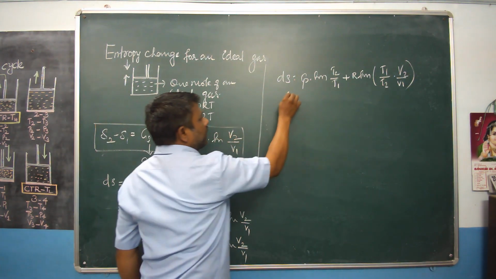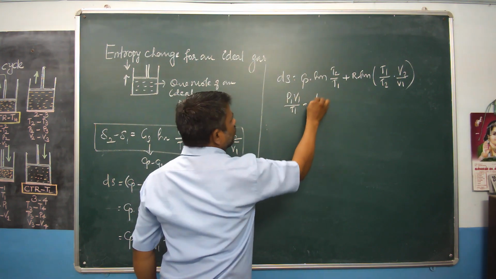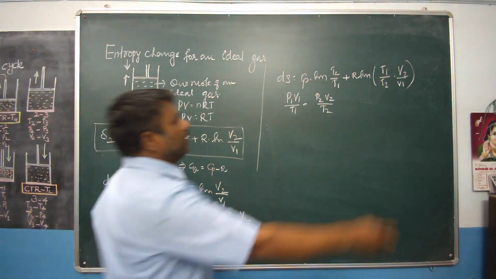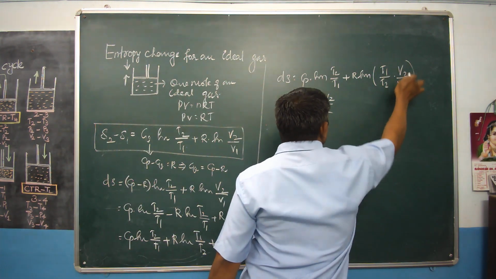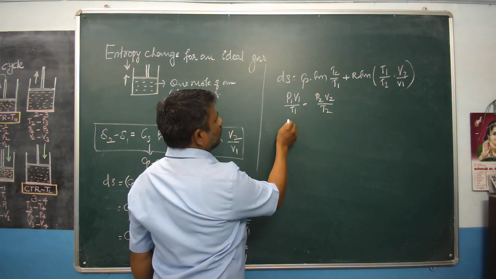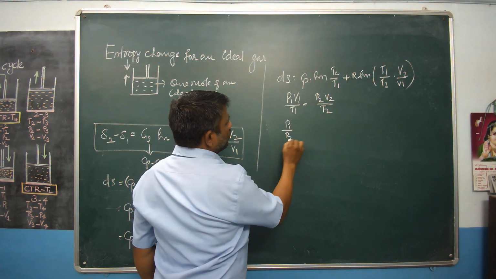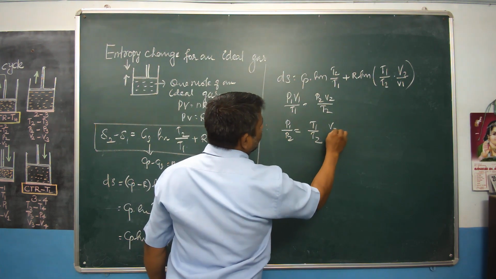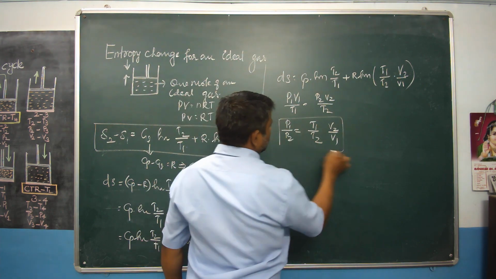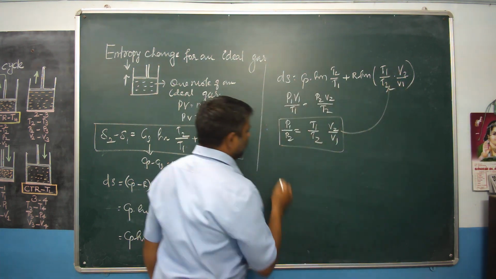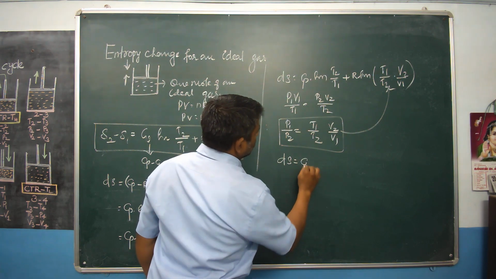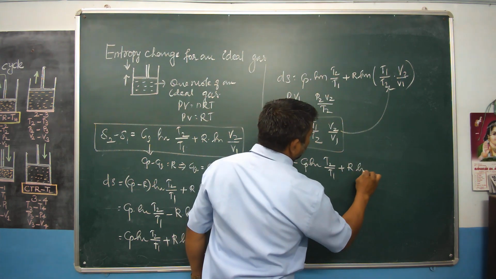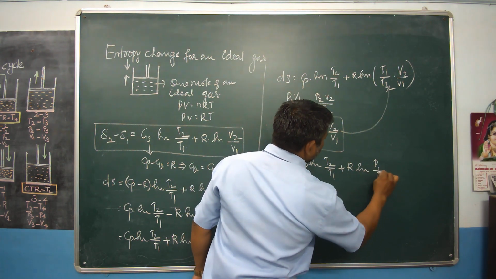For an ideal gas, P1 V1 by T1 is equal to P2 V2 by T2. Now I am in need of T1 by T2 into V2 by V1. So P1 by P2 is equal to T1 by T2 into V2 by V1. Substitute this here. So the final form, delta S is equal to Cp ln T2 by T1 plus R ln P1 by P2.